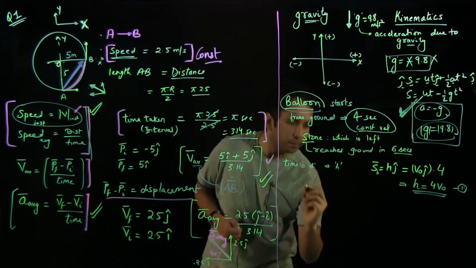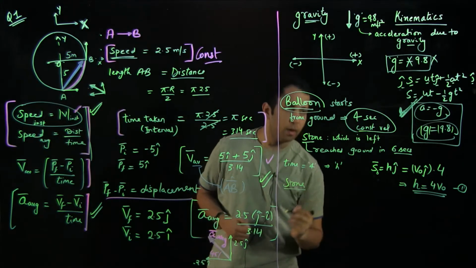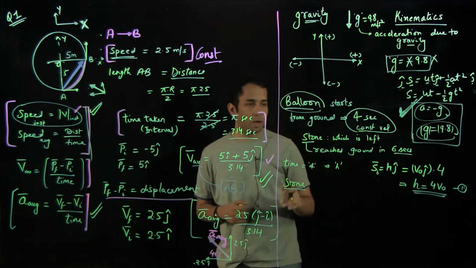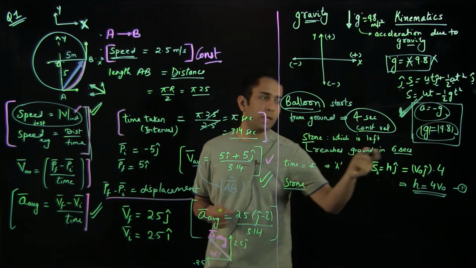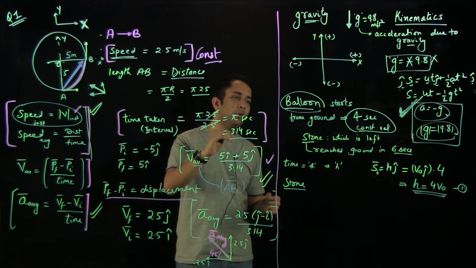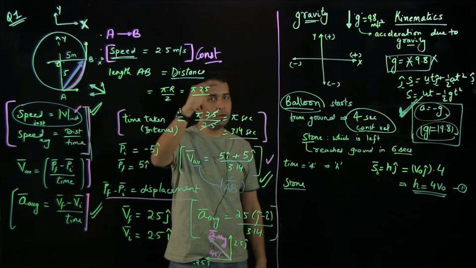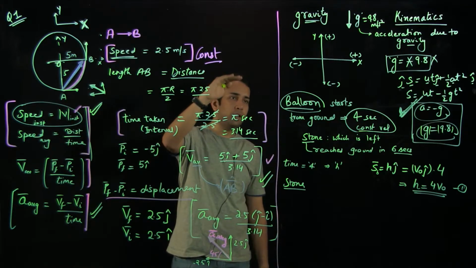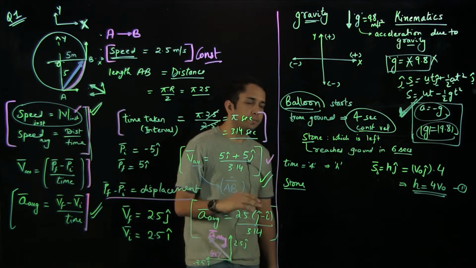is that now we will consider the stone. The variables associated with the stone are that it was left from the balloon at the height of h, and then it traveled that height h from the vertical point to the ground in 6 seconds.